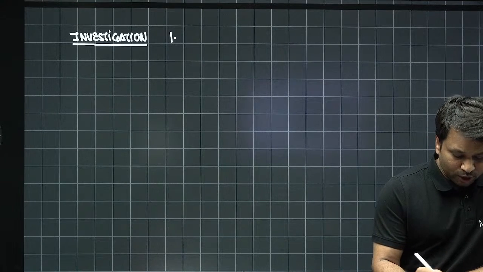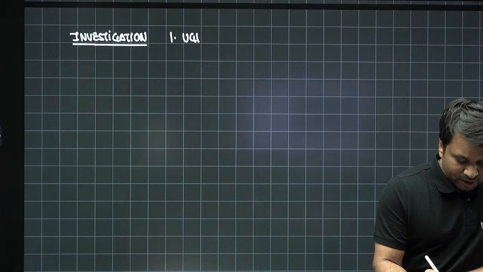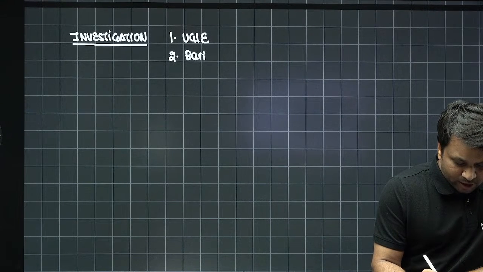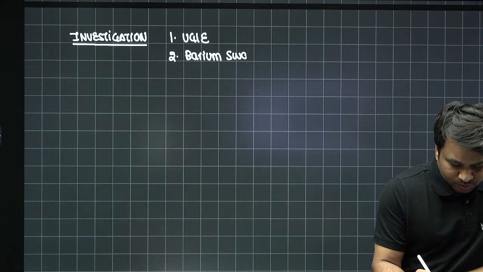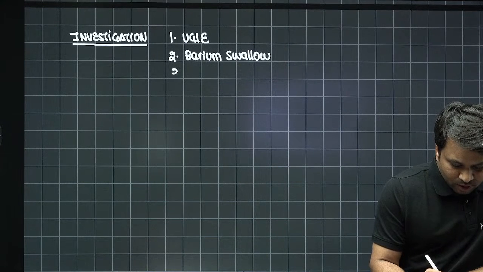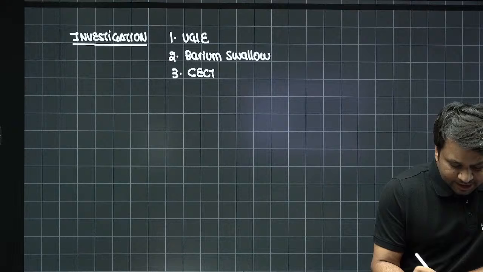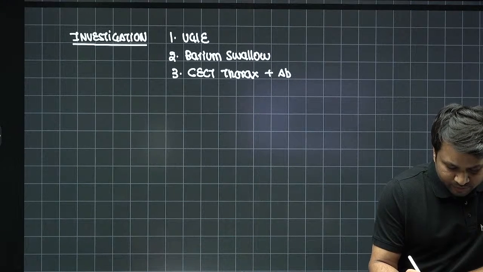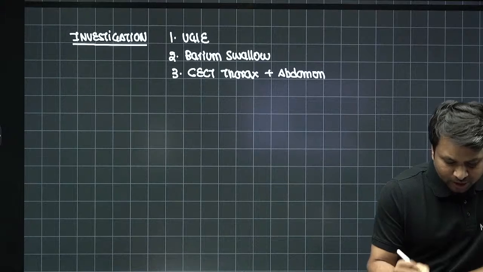So here you can perform an upper GI endoscopy. You can do contrast imaging, that is a barium swallow. You can also do a CECT of the thorax and abdomen.